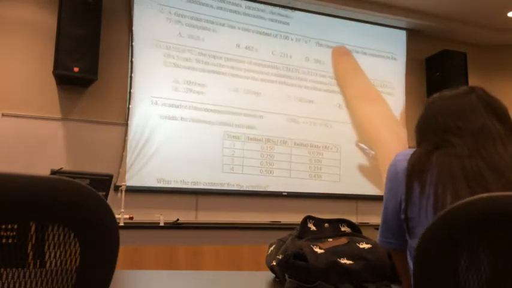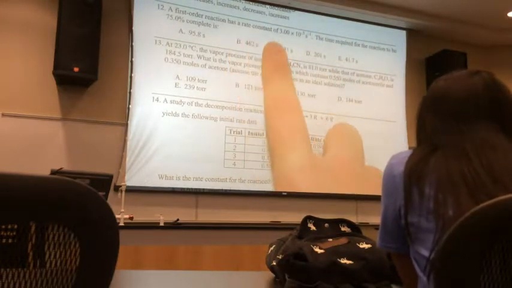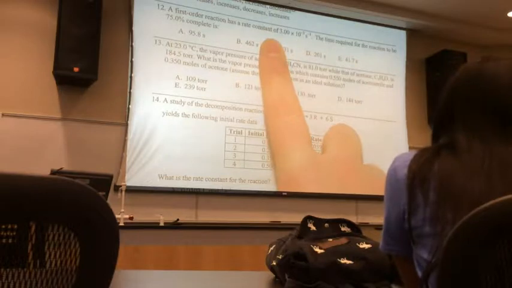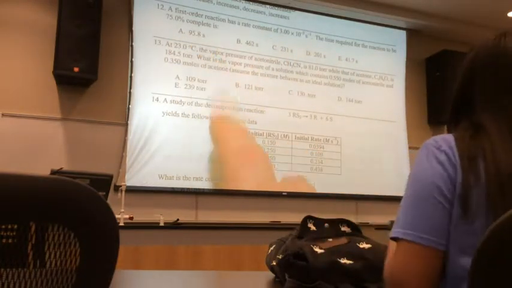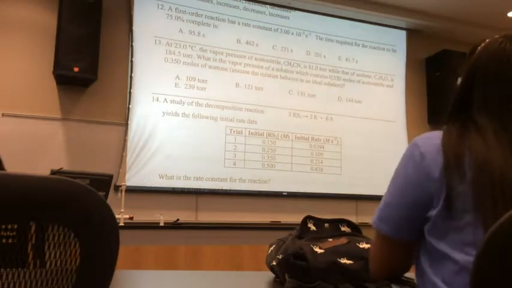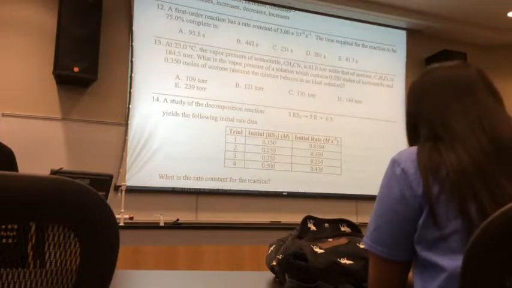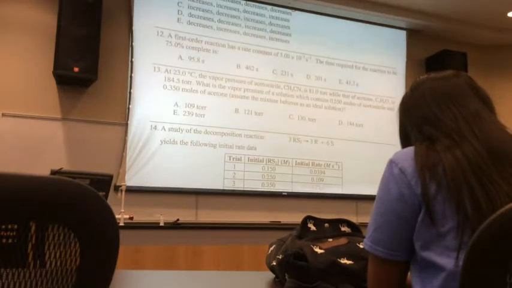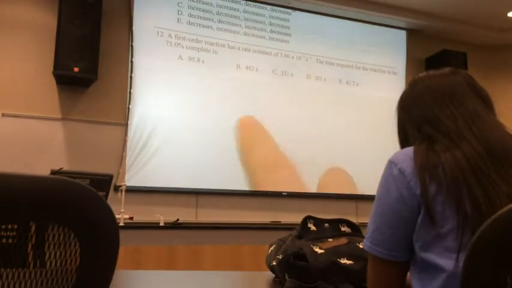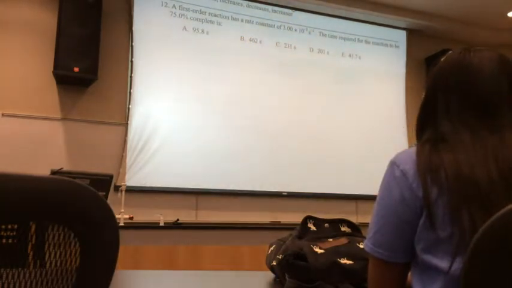All right, number 12. So we have a first order reaction given a rate constant. Time required for the reaction to be 75% complete. First off, a couple things to think about when you're working these. The first thing is to make sure that you're working the right kind of problem.